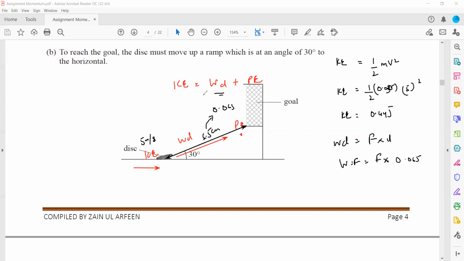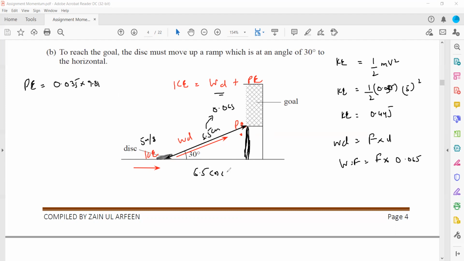Then what about the potential energy? At the last we'll substitute in this equation. Potential energy is mgh. We have the mass, which is 0.035, and we have gravity, 9.81, but what about the height? We have to use a right angle triangle for this. This side is 6.5, and the angle is 30.